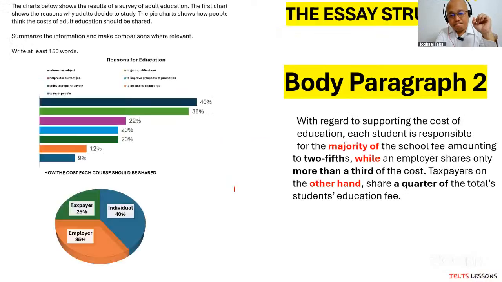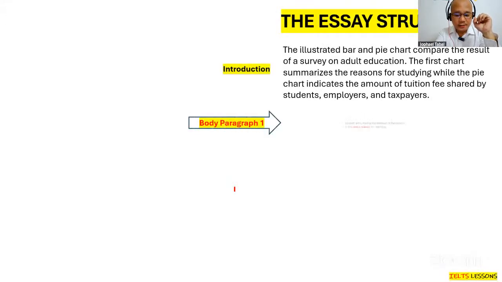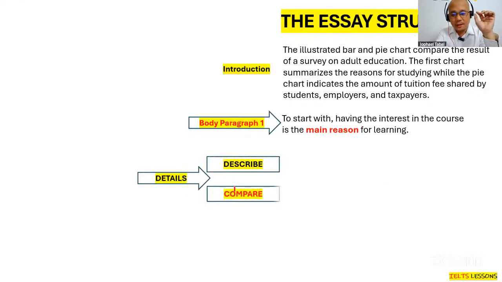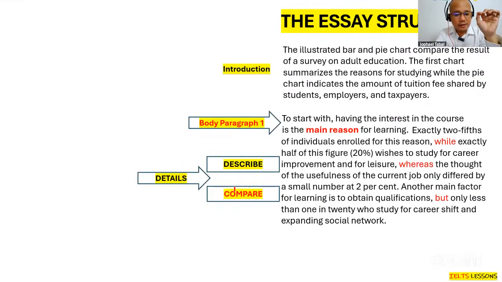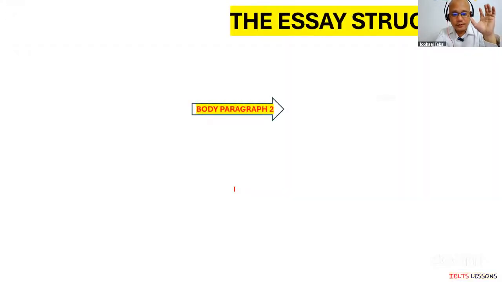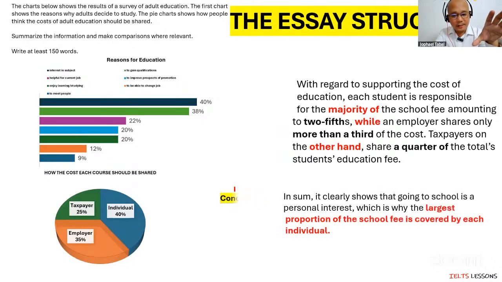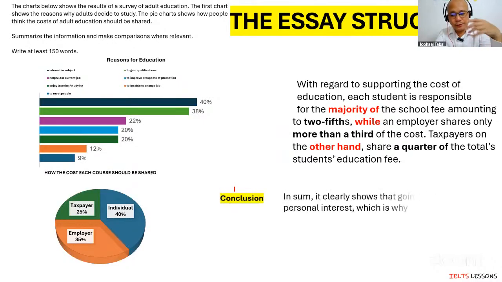And the second structure, on the other hand, is like this. We have the introduction, we have body paragraph 1, and the same thing, each body paragraph should contain the description of what the graph is and the comparison of what shows in the graph. So there's a body paragraph 2, and it's ended by a conclusion, which is very similar to an overview.